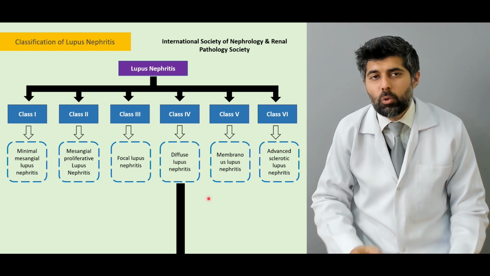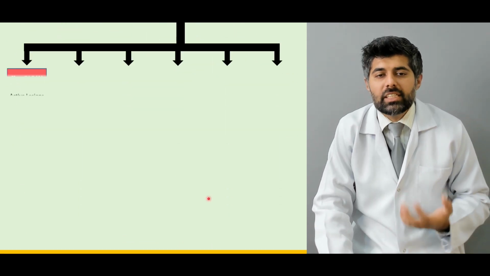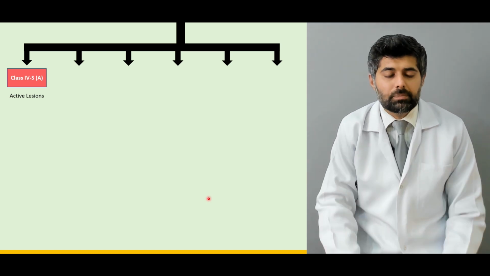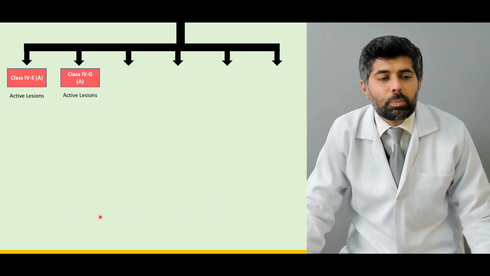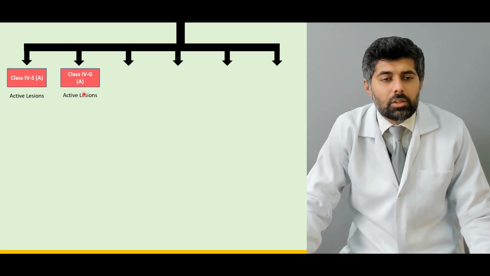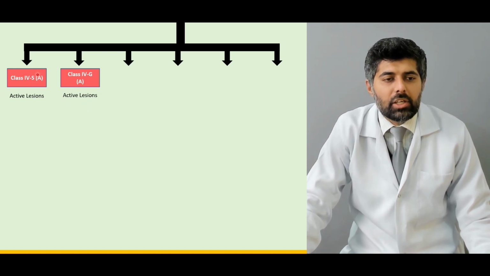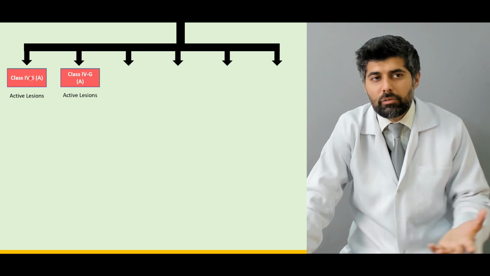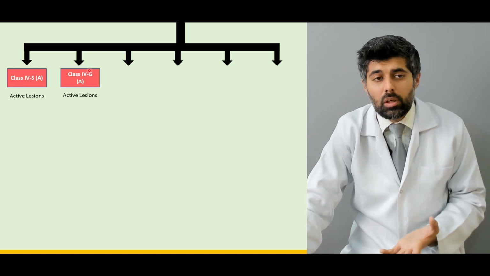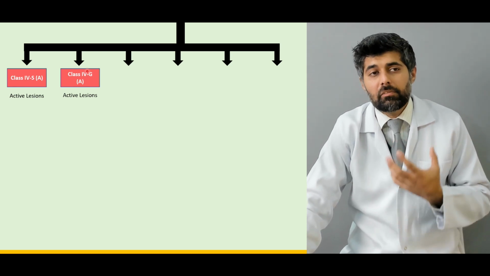Now, class 4, that is the diffuse lupus nephritis, has again 6 classes, and these 6 classes can be clumped into 3 pairs. The first pair are the ones with the active lesions: one is diffuse segmental proliferative lupus nephritis, and the other is diffuse global proliferative lupus nephritis, and both of these are active lesions.